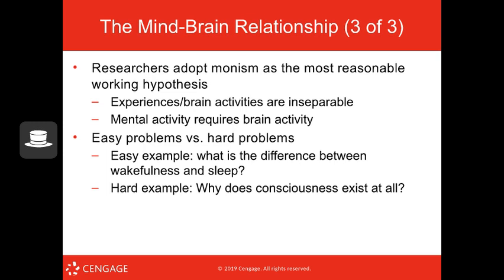But also, how about a hard one? Why do we have consciousness at all? Most animals don't think about things the way we do. We're thinking like, oh man, in 30 years, I want my grandkids to think that I'm a cool grandpa, grandma, right?